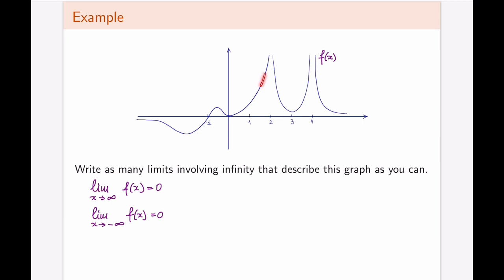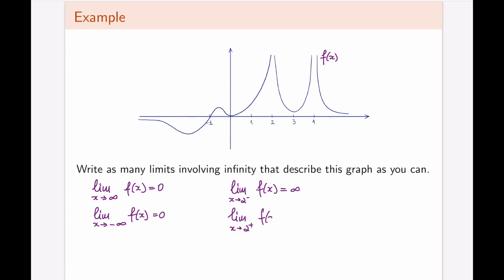But we also have vertical behavior when it comes to infinity. So these pieces seem to tend toward positive infinity near points 2 and 4. So I can describe the behavior near those 2 points from both the left side of each and the right side of each one. So I will have that the limit as x approaches 2 from the left of my function goes towards infinity. The limit as x approaches 2 from the right of my function is also approaching infinity.